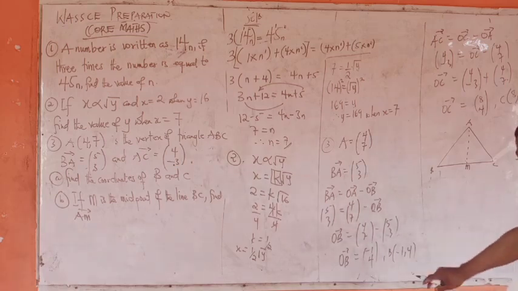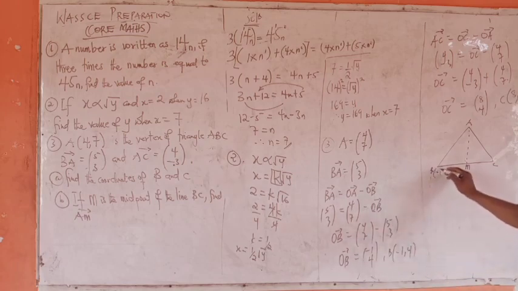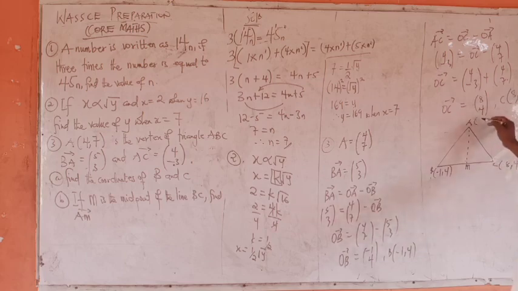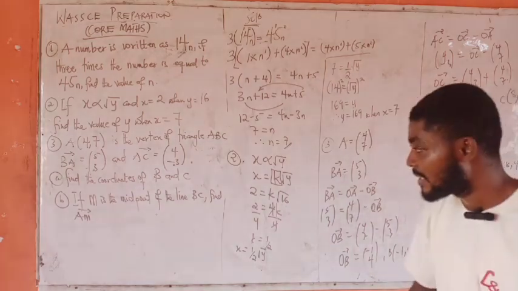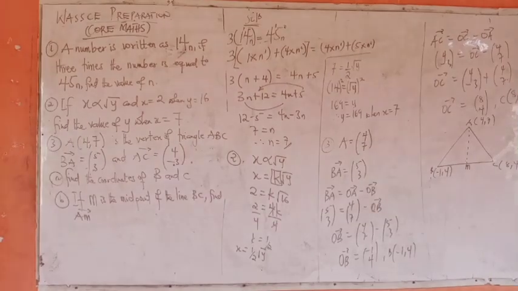We know B to be (-1, 4), C is (8, 4), and A is (4, 7). AM is the same as OM minus OA. We do not know OM, neither do we know AM. So what do we do now? We need to be very sharp with this.